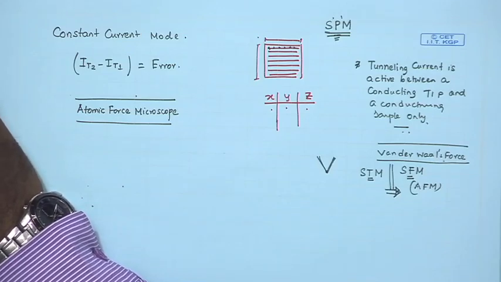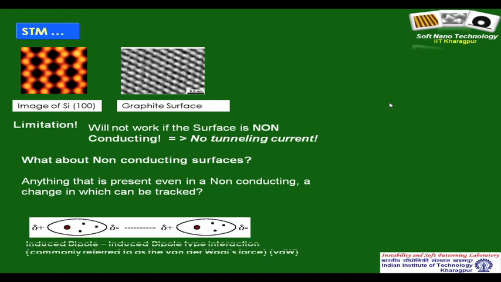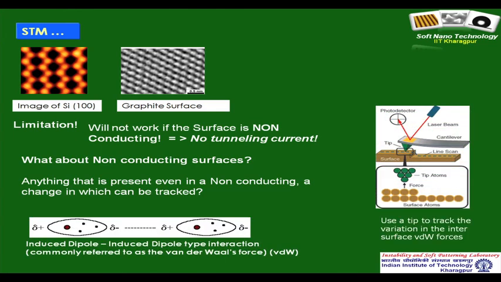But what is interesting to note is that for a non-conducting sample, we rely on the variation of the interaction force between again a tip and the surface to gather the information about the feature height.